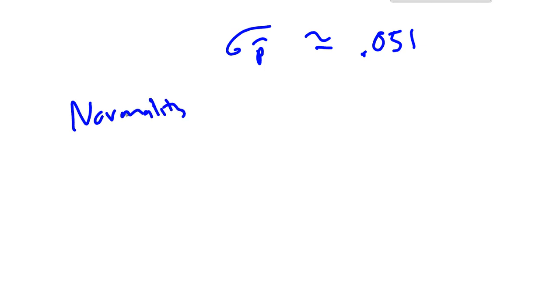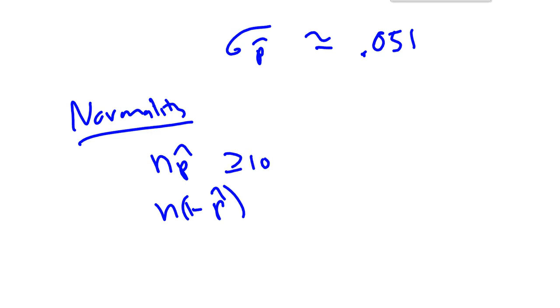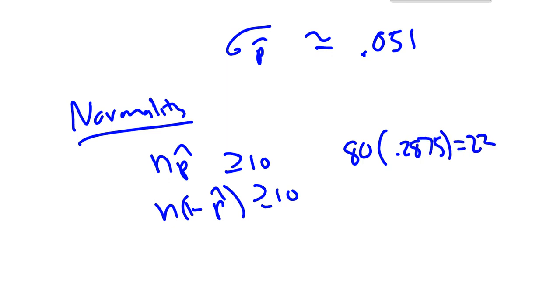Okay. And then the last thing you're supposed to check is for normality. We need to make sure we can use z-scores and things like that. So in the case of proportions, you check that n times p hat and n times 1 minus p hat are both greater than or equal to 10. That's what we need to know. So in our case, we'd have 80 times 0.2875, which is 23, which is definitely greater than or equal to 10.